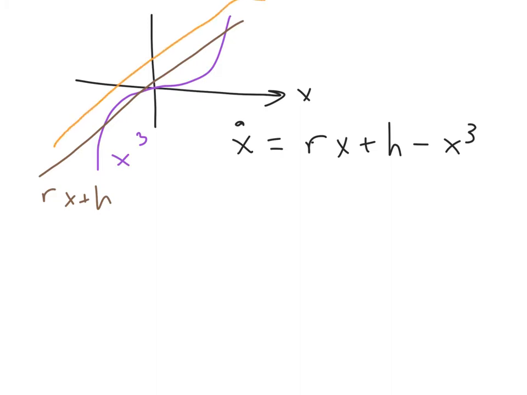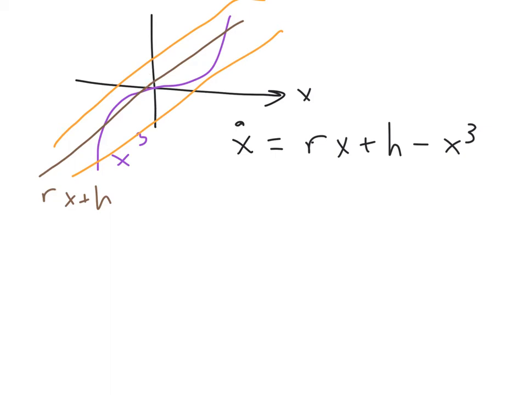In that case, we're going to be in the bistability case, where we have one fixed point for some range of h, and then at some point we gain via a saddle node bifurcation 2 more fixed points, and so we have 3 fixed points for a while, and then as h continues to change, at some point we lose 2 of those fixed points through another saddle node, and we're back down to 1 fixed point.